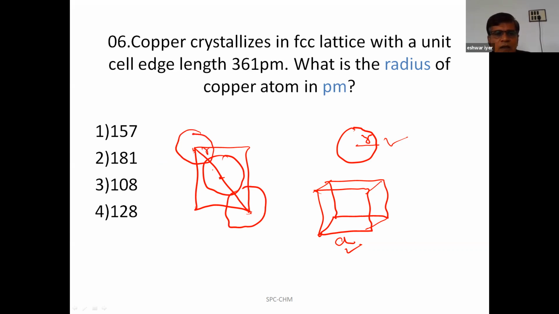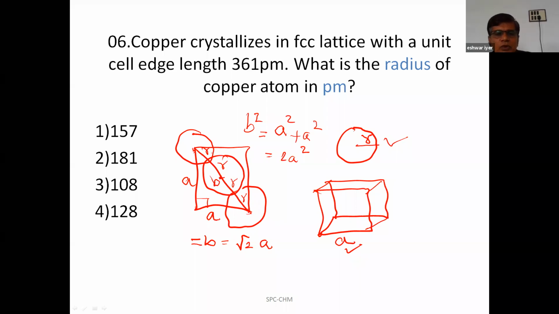The radius R, R, R, and R. And the face diagonal we represent as B. Edge length is represented as A, and it comes to a right angle triangle, so we apply the Pythagoras theorem. B square is A square plus A square, that comes to 2A square. Then B is root 2 A. Then we have B value in terms of radius R. So the length B consists of 4R.